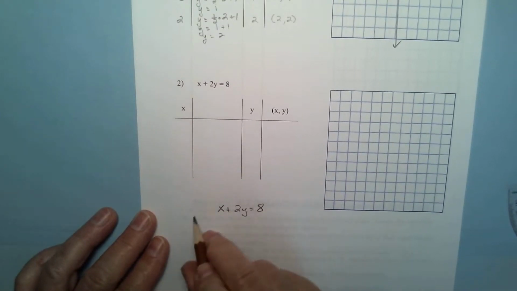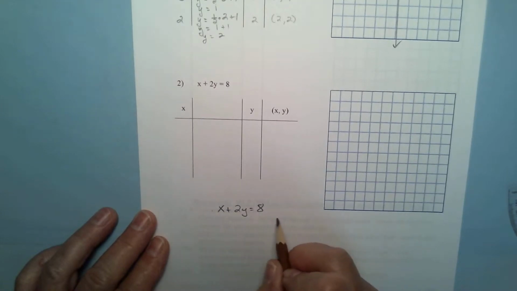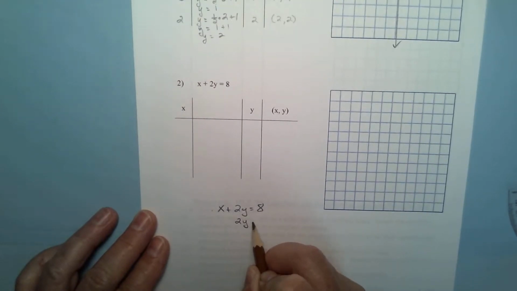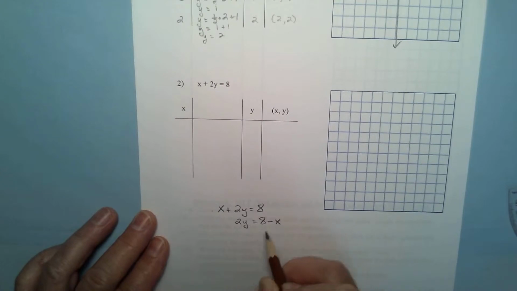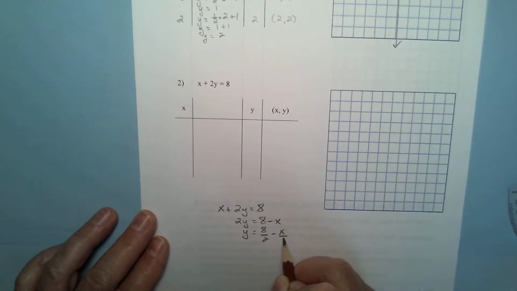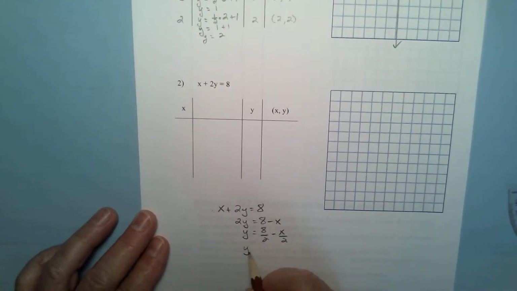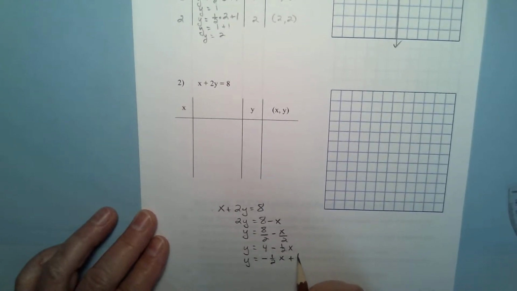So I'm going to solve for y. I'm going to subtract x from both sides, which is going to be 8 minus x. And then I'm going to divide both sides by 2. So it's going to be 8 over 2 minus x over 2. So I'm going to have y is equal to 4 minus 1/2 x. And I'm going to reverse this. Y is equal to -1/2 x plus 4.